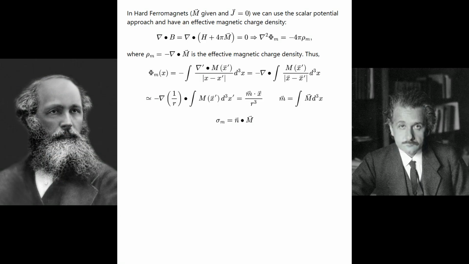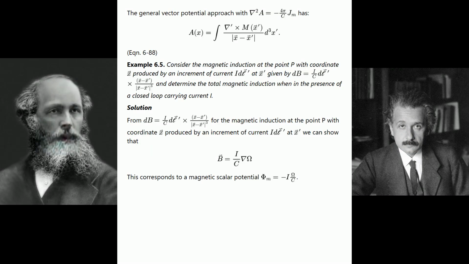In hard ferromagnets, with M vector given and J vector equals 0, we can use the scalar potential approach and have an effective magnetic charge density, where rho sub m equals negative gradient dot M vector. Thus, the equations shown. The general vector potential approach with gradient squared A equals negative 4 pi over c J sub m has equation 6-88.